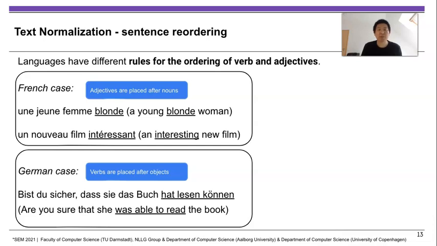For example, in French, adjectives are often placed after nouns, and in German, verbs often appear in the last position of a sentence. Both phenomena are not common in English. So to deal with them, we reverse the order of nouns and adjectives for French, and we reverse the order of objects and verbs for German.